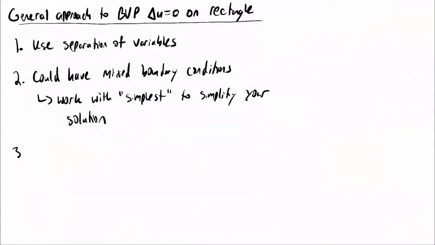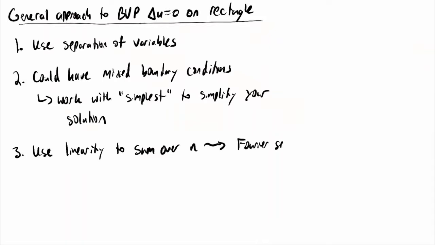And so you're ultimately going to have to use linearity to sum over n, and so this will lead you to some type of Fourier series. And so finally, the fourth step will be to calculate Fourier coefficients.